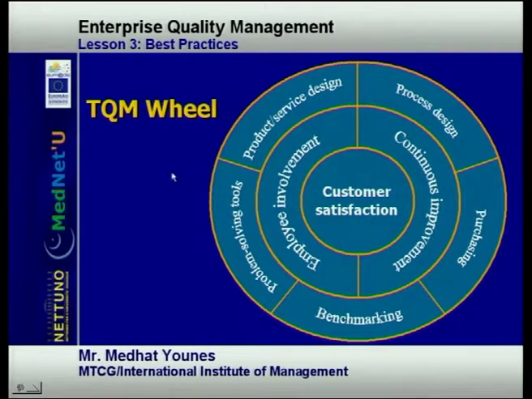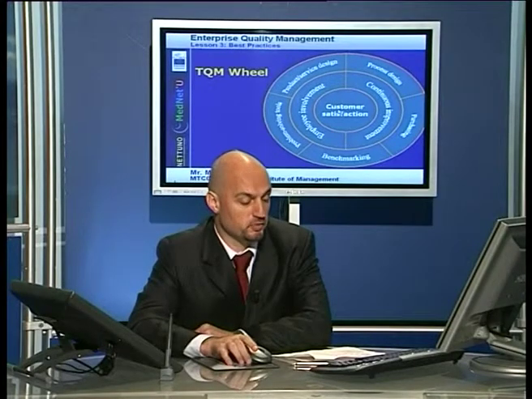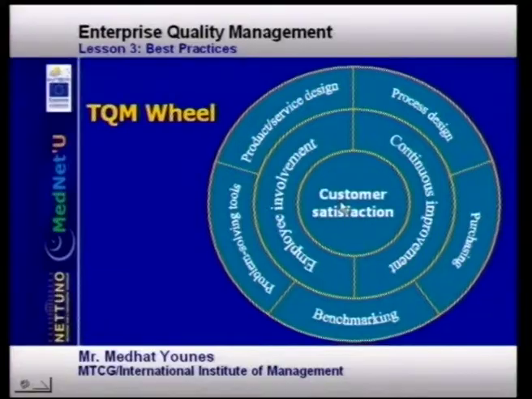The TQM wheel. If you notice, at the center of the TQM wheel, you have customer satisfaction. This emphasizes or stresses the importance of customer-driven business processes. This model takes into consideration employee involvement, and that includes cultural change, teams, individual development, awards, and incentives.